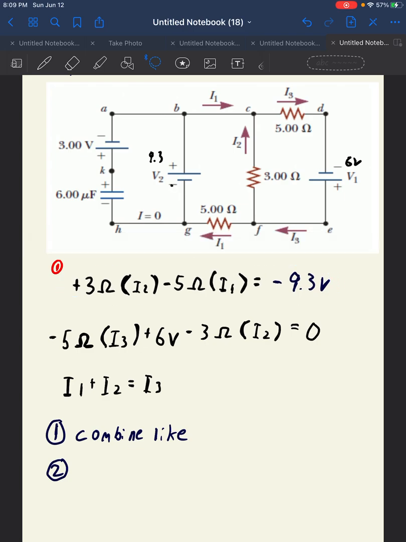Looking at the second equation, we have 6 volts. We would have to subtract that over, which would then give us negative 6 volts on the right side.